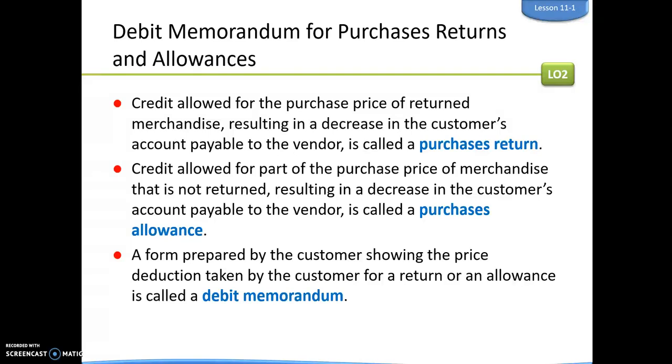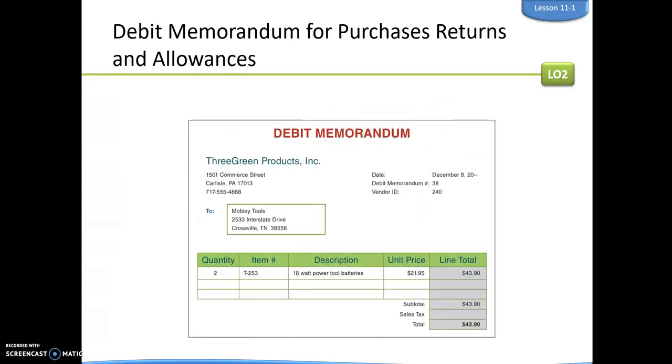A form prepared by the customer showing the price deduction taken by the customer for a return or an allowance is called a debit memorandum. This is what one looks like. We have the name of the company and how much is being returned to them.